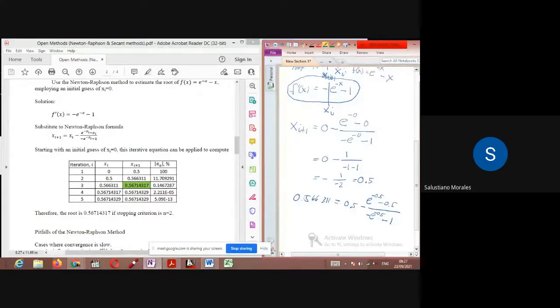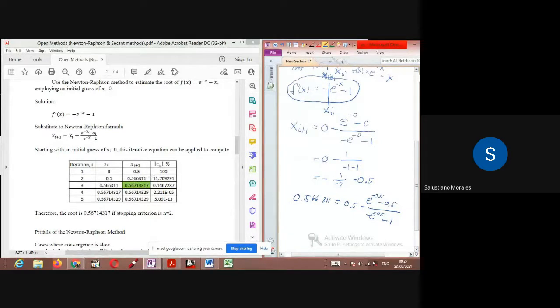So if you use your calculator to evaluate that one, we have a result of positive 0.566311. So that is the new value of x sub i plus 1 under iteration number 2.